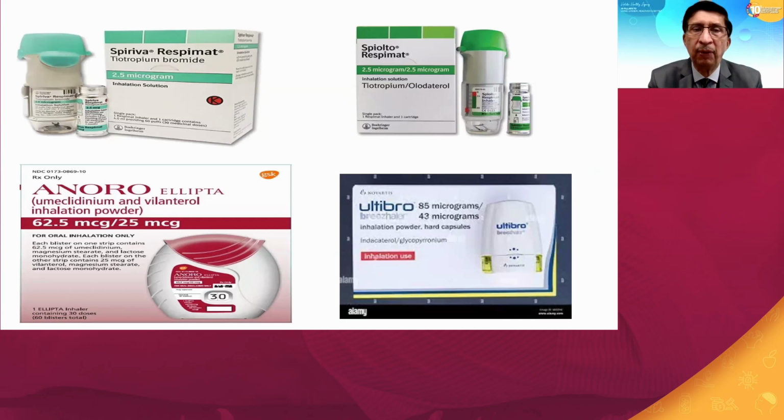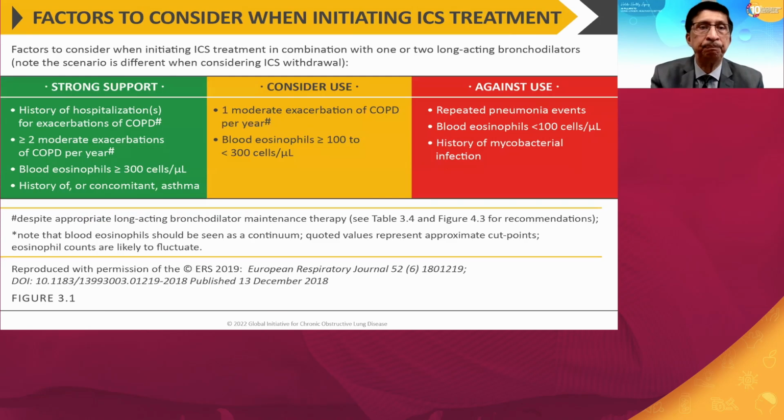So this has been found to be extremely useful and very effective in these sort of people. For those who have a better inspiratory flow rate, maybe a combination of LAMA-LABA like Anoro in an Ellipta device or a pre-filled inhaler like Ultibro, which is a combination of indacaterol and glycopyrronium. So these are the common combinations and single agents commonly used for COPD pharmacotherapy.